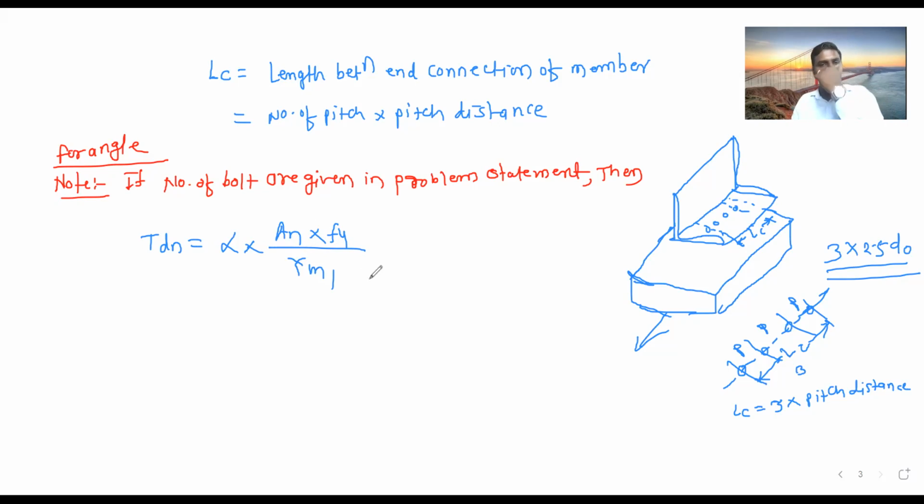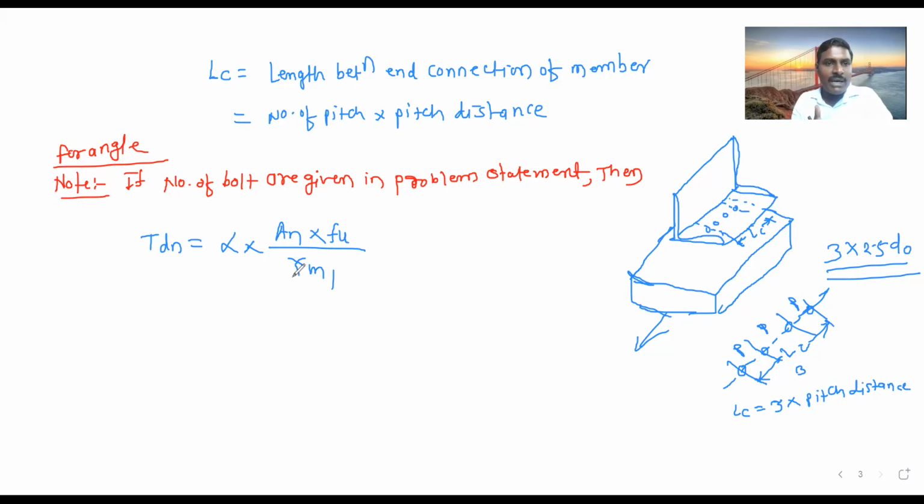See, are you getting? The second strength is the design strength due to rupture of critical section. In that strength, the formula for plate and the formula for angle are different. For plate we have seen the formula, capital A, TDN is equal to.